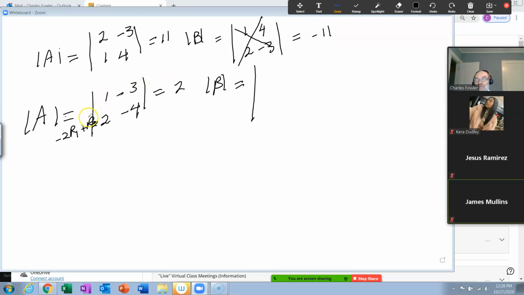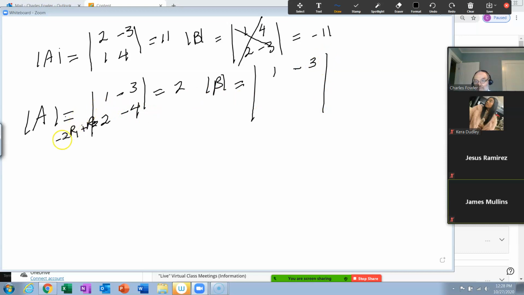This one, we're going to add a multiple of 1 row to the other row, just like we always did in row reduction. So negative 2 times row 1, add it to row 2, what do you get? Well, row 1 we're using, so that's 1, negative 3, not going to change anything there, okay?